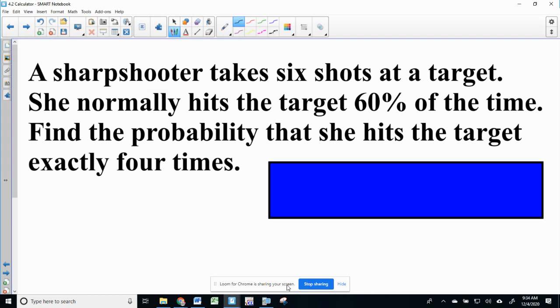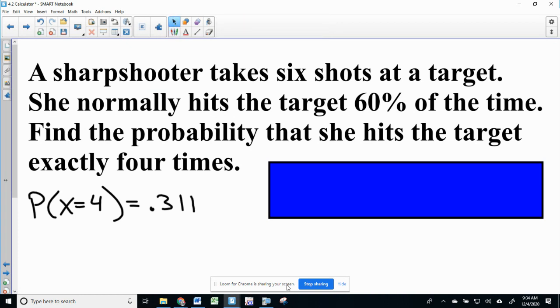What do you remember, Zach? Did we get an answer in your chart? Yes. What'd you get? 0.311. Okay. So everybody's good on how we found that, right?